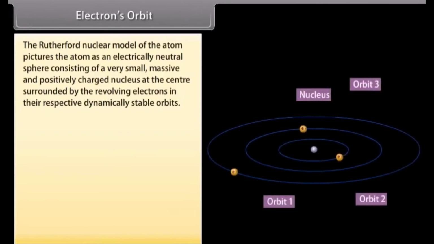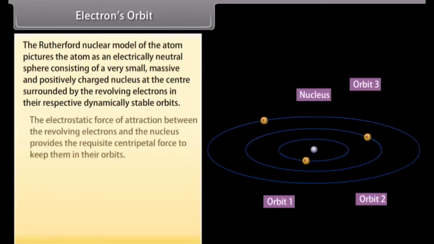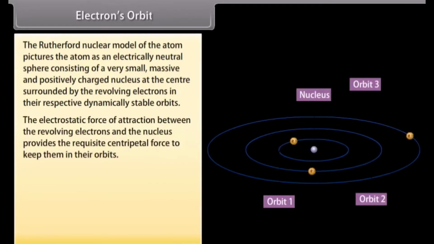Electron's orbit. The Rutherford nuclear model of the atom pictures the atom as an electrically neutral sphere consisting of a very small, massive, and positively charged nucleus at the center, surrounded by the revolving electrons in their respective dynamically stable orbits. The electrostatic force of attraction between the revolving electrons and the nucleus provides the requisite centripetal force to keep them in their orbits.